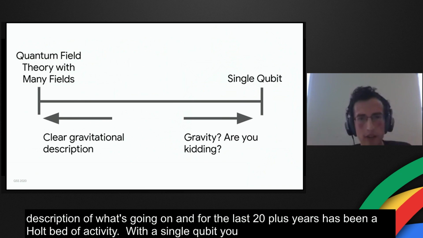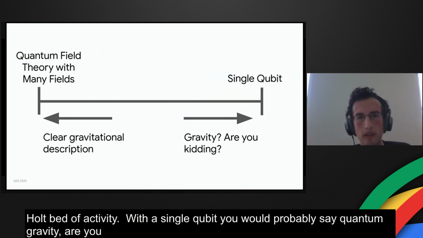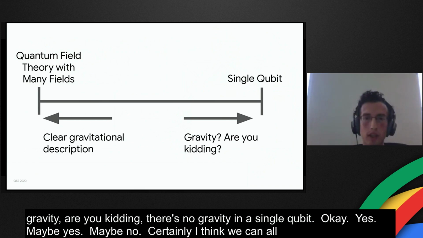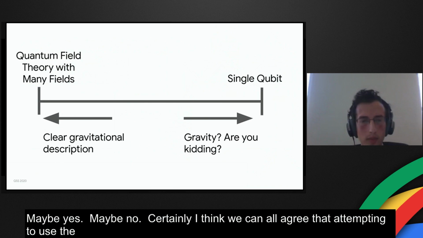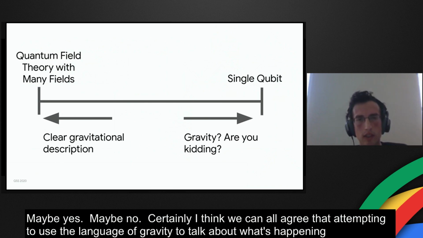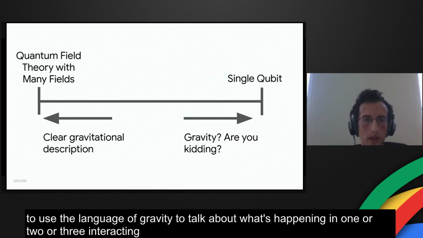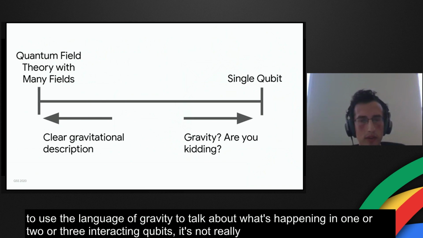There's no gravity in a single qubit. Well, okay, maybe yes, maybe no. Certainly, I think we can all agree that using the language of gravity to talk about what's happening in one or two or three interacting qubits is not really worthwhile, whereas maybe on the far left, the gravity actually adds something.